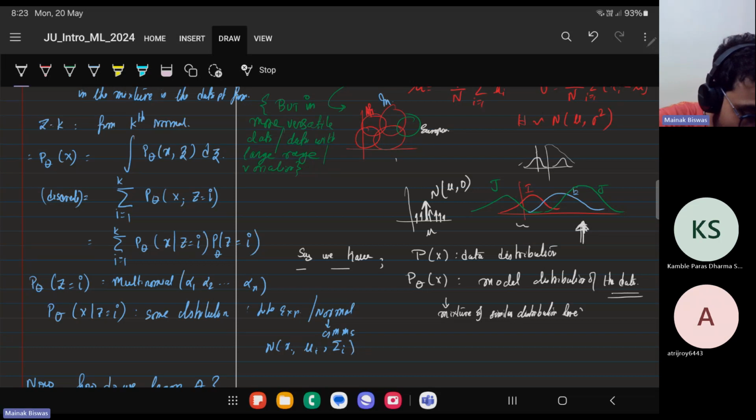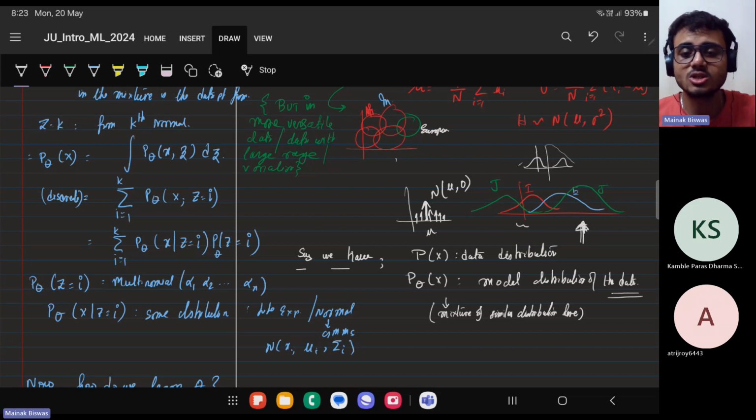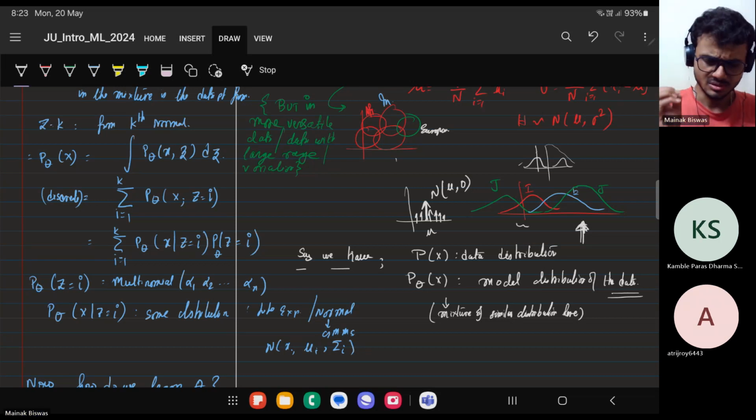But my question to you is how to decide which Gaussian should be in which mixture, or which data point should be used to train which Gaussian. Can you tell me that? Once you've just been given the data, you cannot visualize it in very, very high dimensions. You cannot directly use any heuristics, right? You need to devise an automated algorithm that will be able to map all these data points to the best Gaussian.